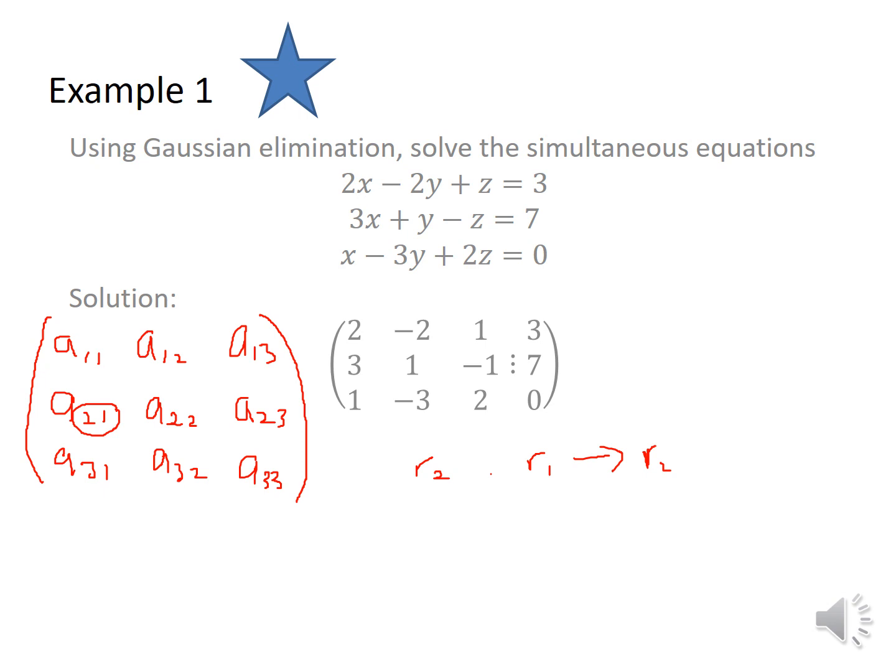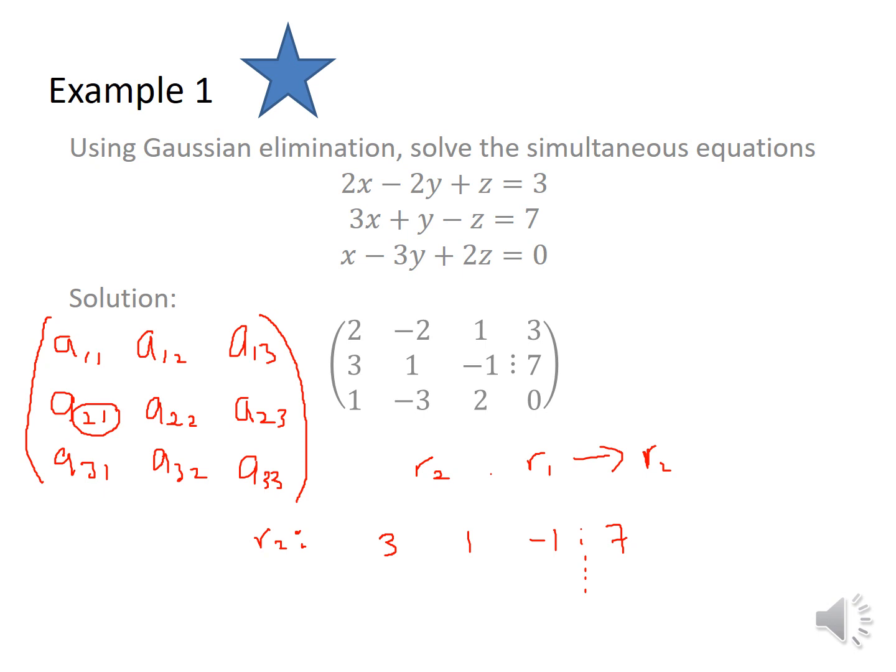So now your R2 is 3, 1, negative 1, 7. R represents row, the whole row. R1 is 2, negative 2, 1, 3, the whole row. Now I just want to change this 3 to 0. Then my output I replace into the second row.